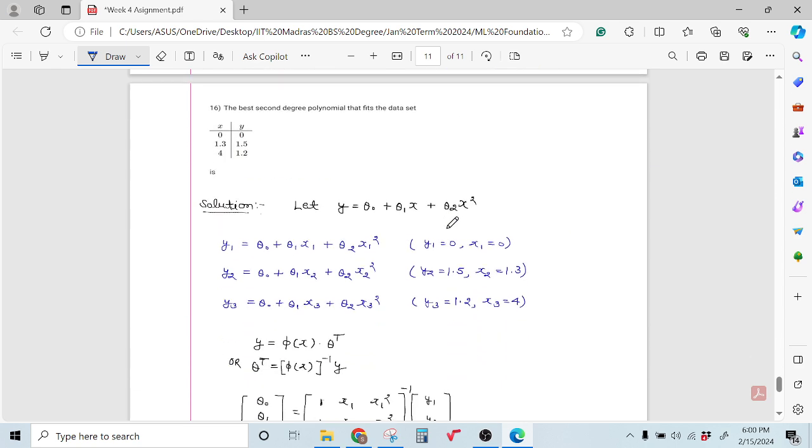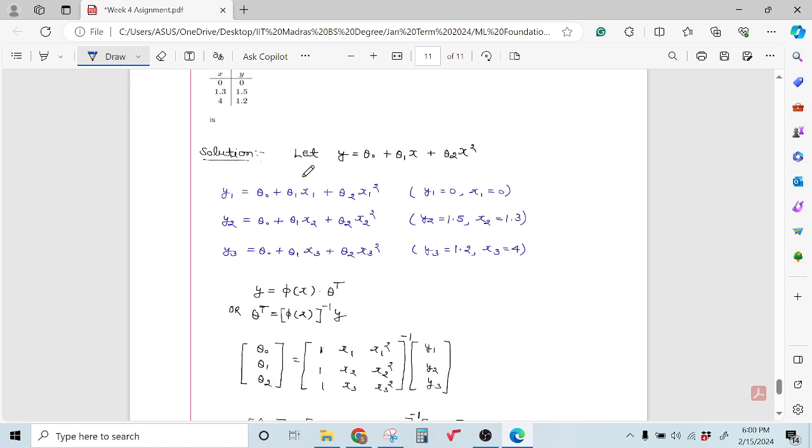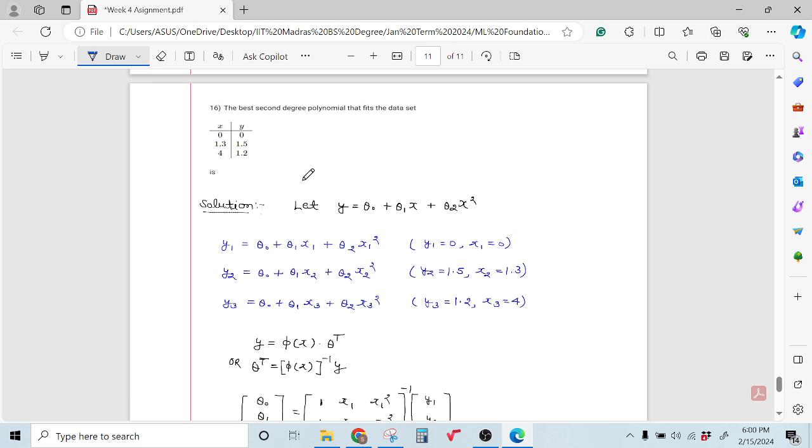Okay, let us solve the last problem of this assignment, which is the best second degree polynomial that fits the data set. We have been given the values of x and y, and we have to find the best second degree polynomial. Let us suppose my second degree polynomial is theta 0 plus theta 1 x plus theta 2 x square. We will substitute the given values of x and y. Let us suppose the first point is x1 as 0, y1 as 0.